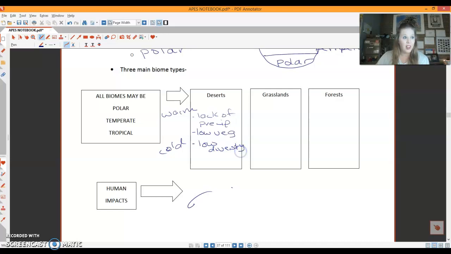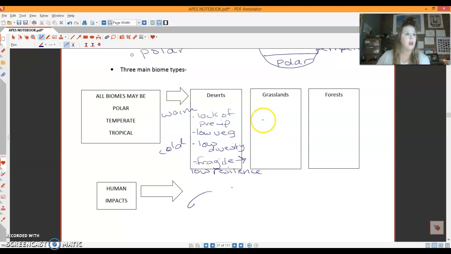There's just not a lot of different animals and plants. And they're fragile. They're very fragile ecosystems, which means we say they have low resilience. Meaning if there's some type of disaster or disturbance there, they don't rebound from that very easily or fast.